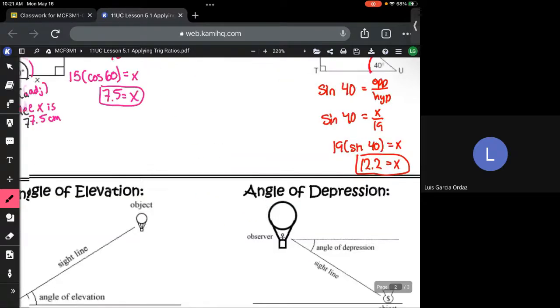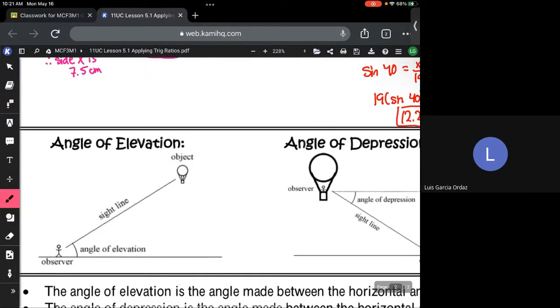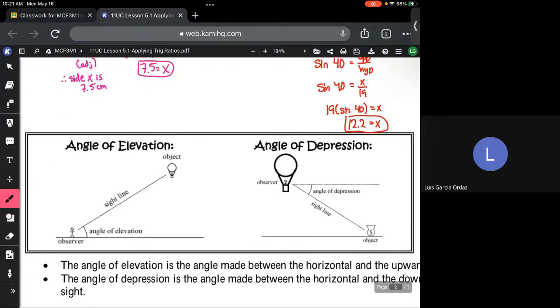So now we're going to be talking about angles of elevation and angles of depression. The angle of elevation is where your hypotenuse and the bottom side of the triangle meet. So this is your hypotenuse. This is your ground or the base of the triangle.